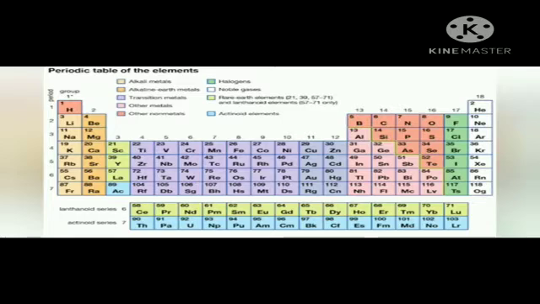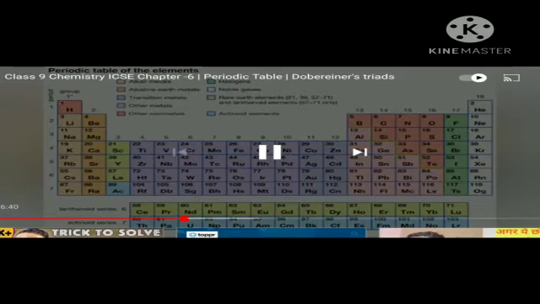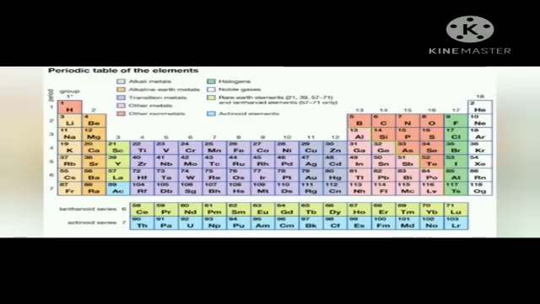All of you know that till now 118 elements have been discovered, and it is really difficult to learn about each and every element. But if we classify these elements in groups so that the elements in each group have similar properties, then by knowing the properties of one element, we can predict the properties of other elements present in that group, right?